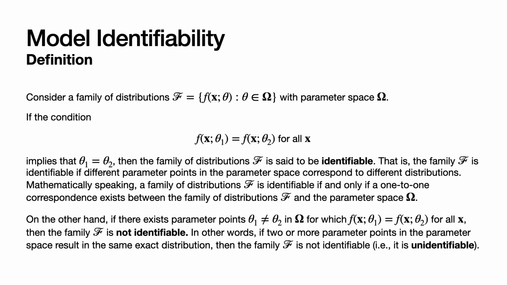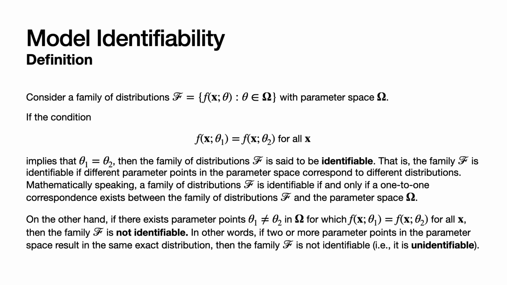Now, if the following condition, which says that f of x when theta 1 is the parameter is equal to f of x when theta 2 is the parameter for all x, implies that theta 1 is equal to theta 2, then the family of distributions script F is said to be identifiable.